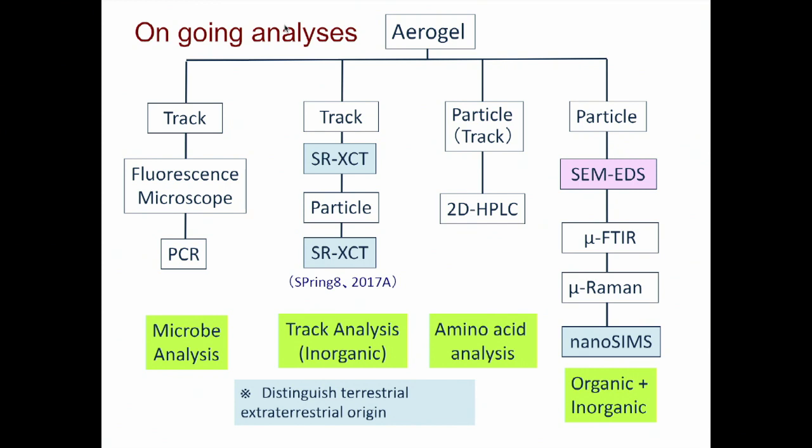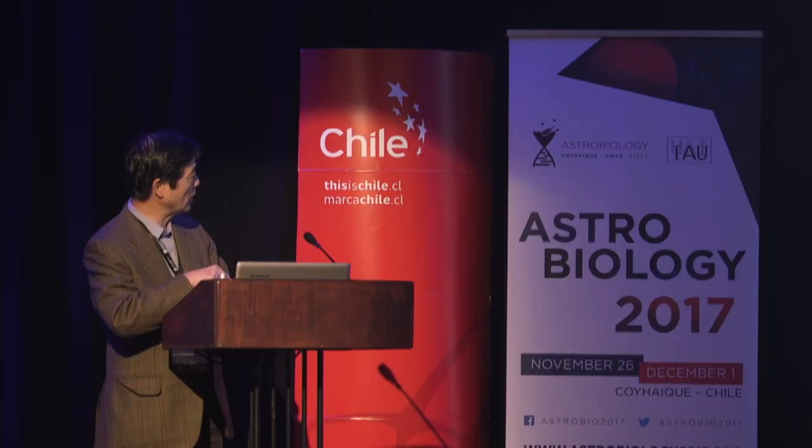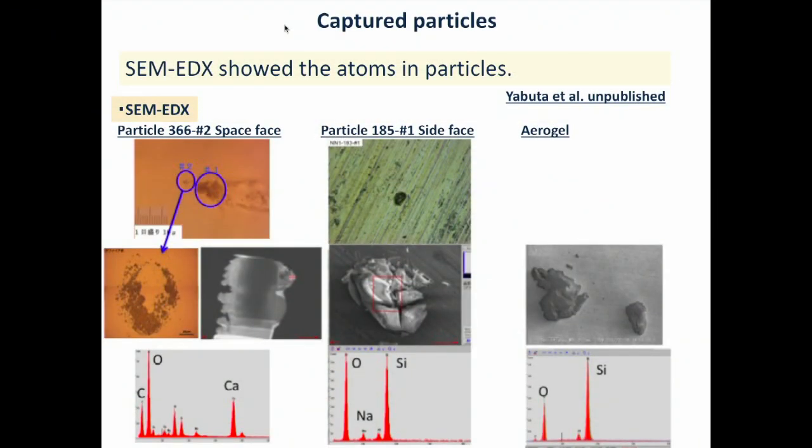And we have analyzed one particle from the space phase, and that contained the calcium and oxygen and carbon. And the second one at the side phase was composed of silicate and Si and O and sodium. And it is different from the aerogel, which is also consists of Si and oxygen.